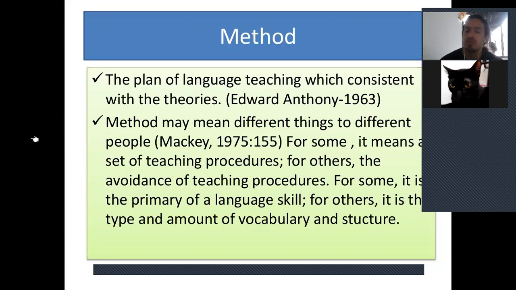For some, it is the primary of a language skill. So the theories telling you what to do as a teacher, what to do as a student, what to do with the material. For the others, it is the type and amount of vocabulary and structure. Everything that is being said over there, that is going to be the method, right?